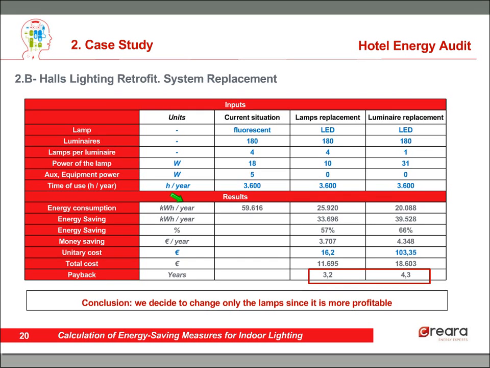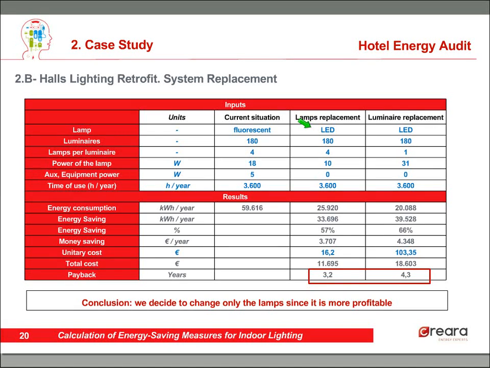In the next slide, here we have the current situation. As we said, we have fluorescent lamps and the two alternatives, lamps replacement and luminaire replacement. First, the technology: we have fluorescent, and the technology in both alternatives is LED.